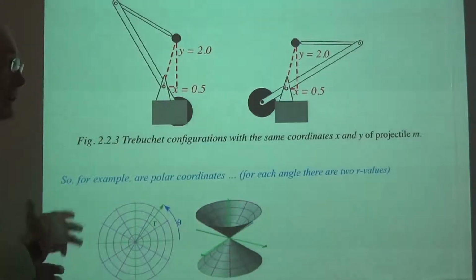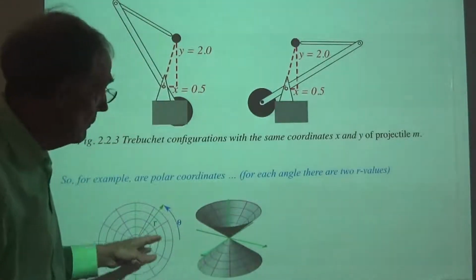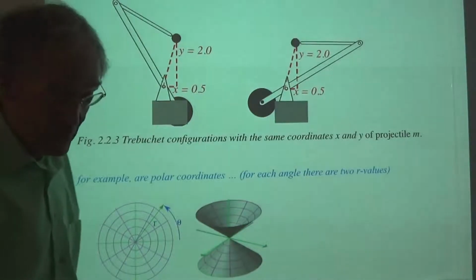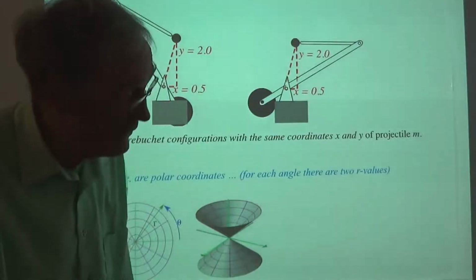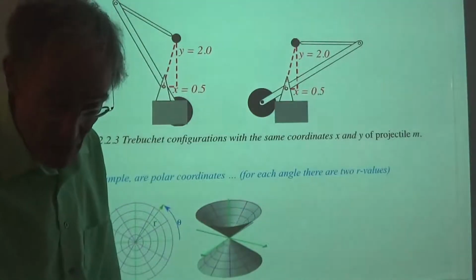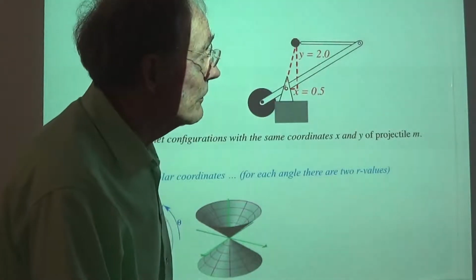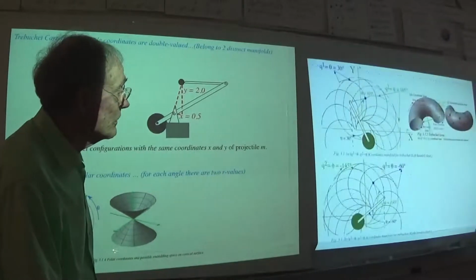You have to take advantage of the topology of the space that you're working with. And polar coordinates is bi-surface. It's just the way it is. R can be negative. We don't have to make that law that it has to always be positive. If you do, you miss out on half the problem. So that is, I think, a really key thing to keep in mind about these GCCs.